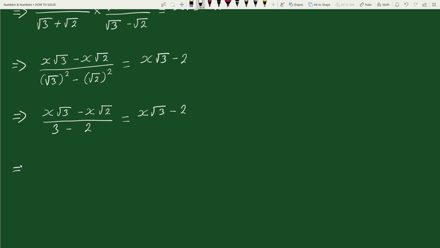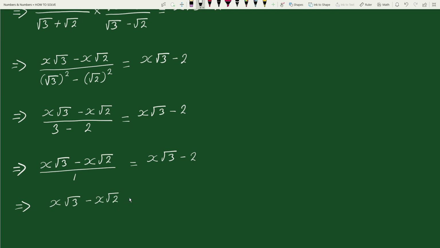This equals x square root of 3 minus x square root of 2 by 3 minus 2 is 1, equals x square root of 3 minus 2.